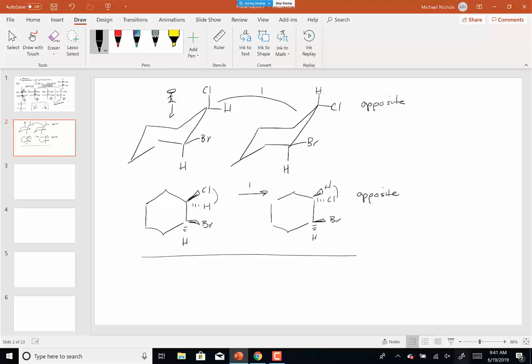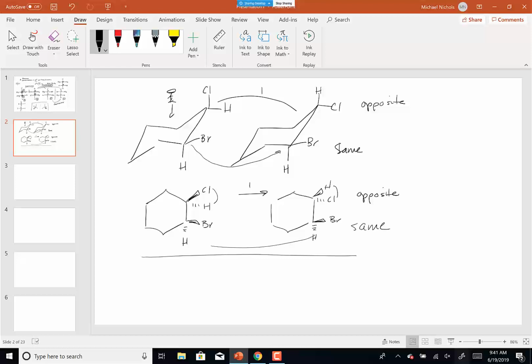Same? I don't have to make any switches in order to get from here to here. So that means the bottom carbon has the same configuration. Over here, same thing. Bottom carbon is the same.